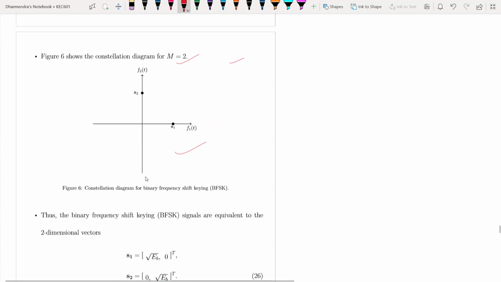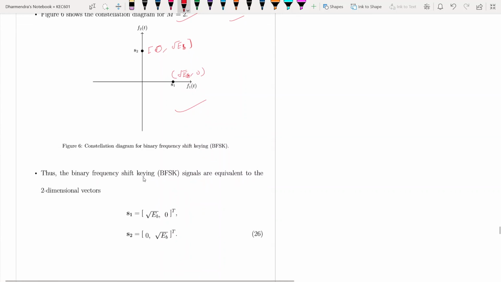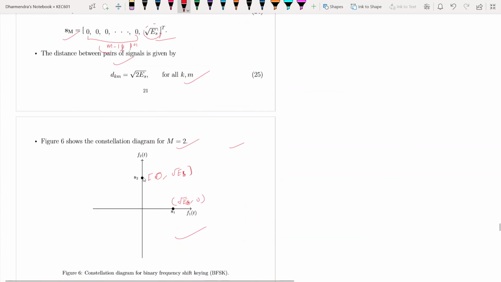This point represents the vector square root Es, 0, and this represents 0, square root Es, or Eb, because in the binary case Es and Eb are equal. Okay, binary frequency shift signals are equivalent to a 2-dimensional vector like this. Okay, and this is the constellation diagram.